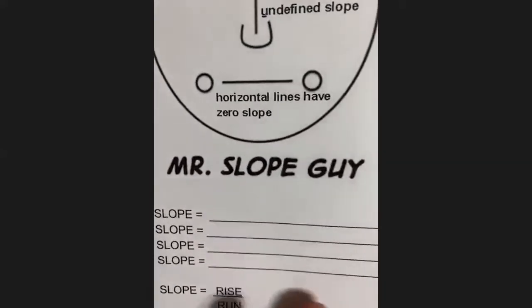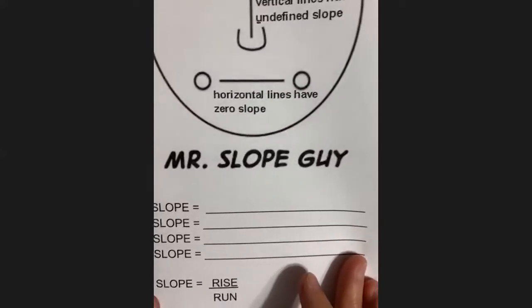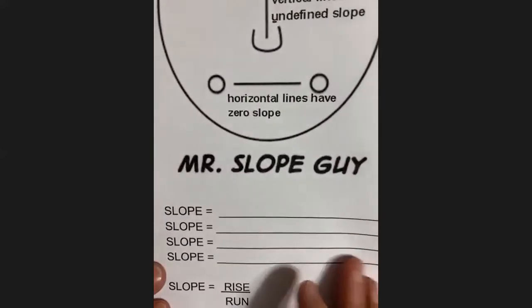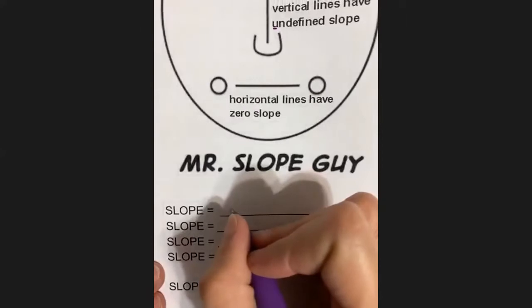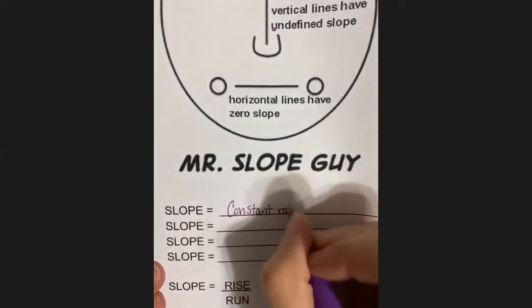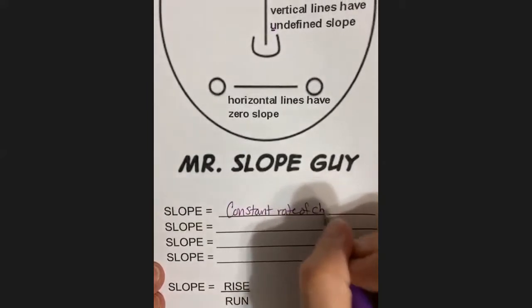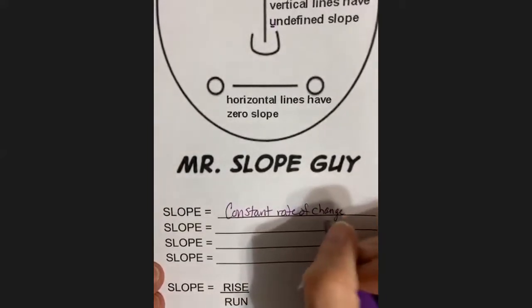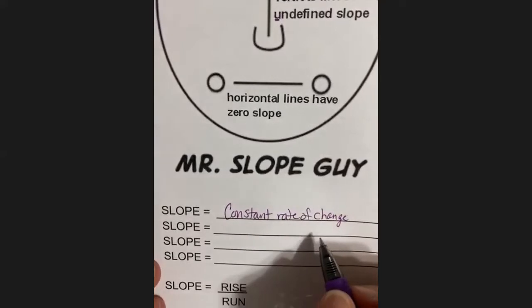And so we want to talk about what slope is. What exactly is slope? So slope, in the last lesson, you kind of learned about constant rate of change, which was your change in y over your change in x, and that's what we refer to as a constant rate of change, or slope of a line.